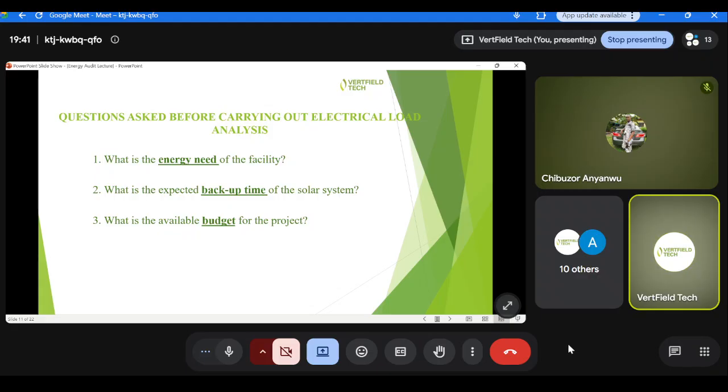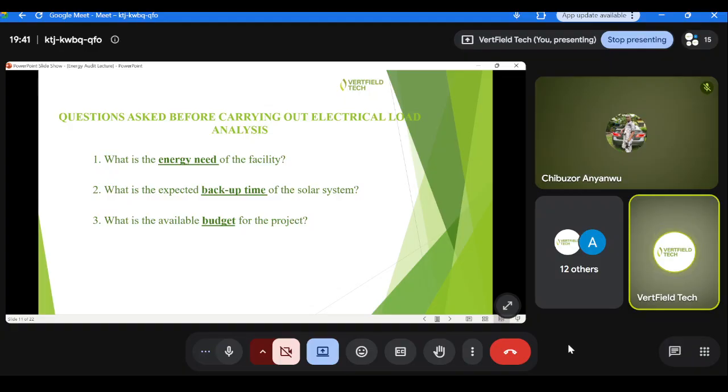Again, before you carry out electrical load analysis, or a load audit, they are both the same. Please don't be confused. I will be using those two terms interchangeably. I might say electrical load analysis or load audit.